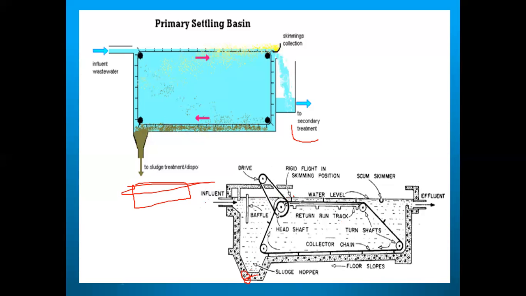The water flowing on the top surface, the rigid flight on the skimming position, the scum skimmer is at the water level. Here there is a track and a platform. The belt is moving like this and taking the orientation, making the water go into this chamber, and the sludge is collecting at this place. Got it? Right.